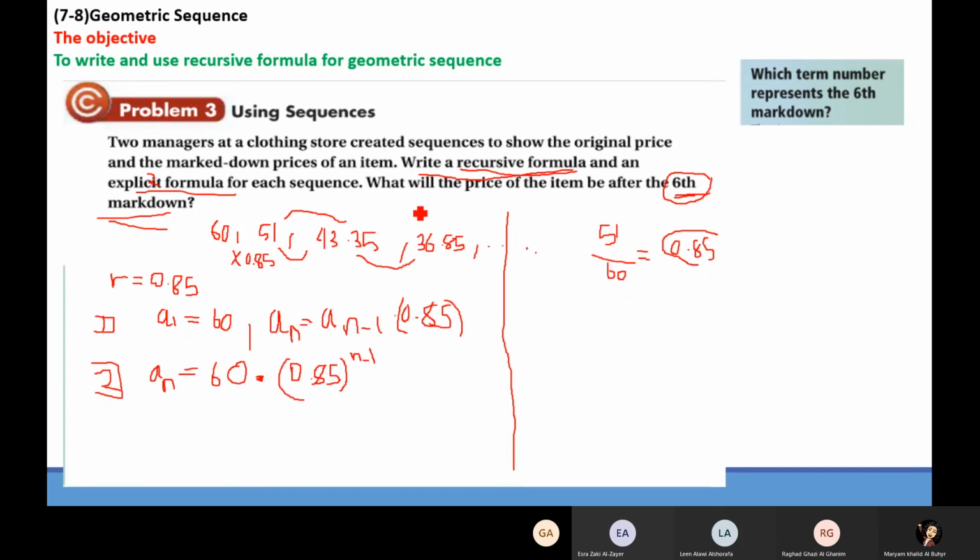Okay, I also need the sixth term. So the sixth term is step 3.